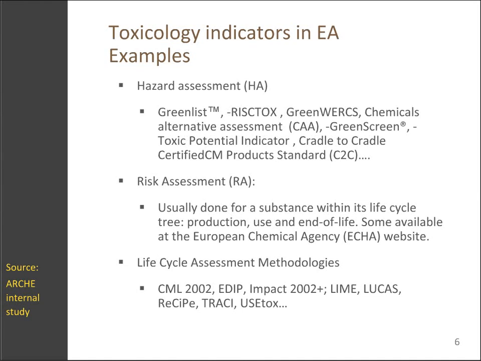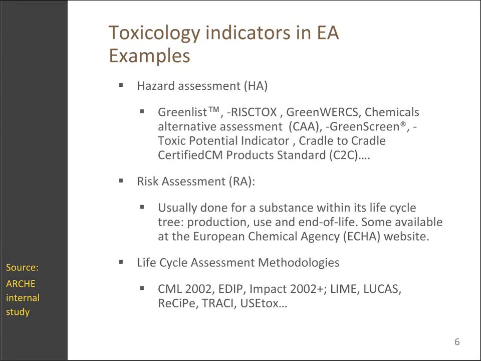Usually they are not for free, or you have to pay for a score, and those are easy methods that help you identify the potential hazard of a substance. They can even give you a score of how this substance compares to another.